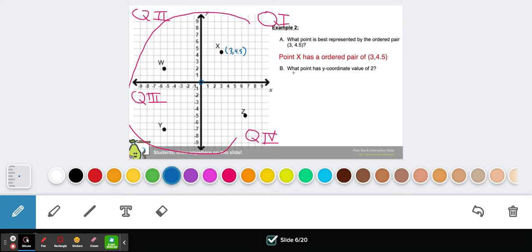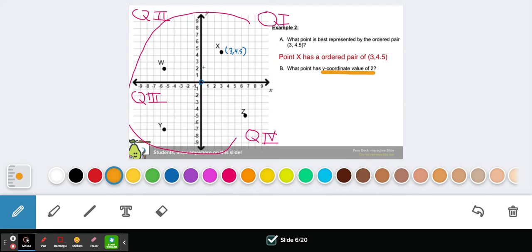Actually, what it says is, what point has a y-coordinate value of 2? So this is important. Just to not waste time and make the video longer, we're going to look at the y-axis where the value is 2.